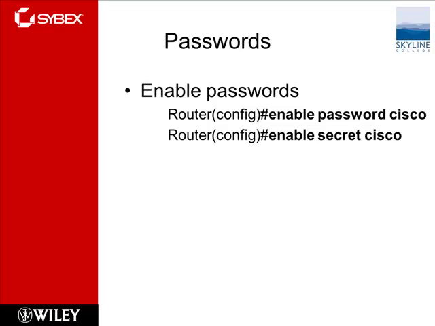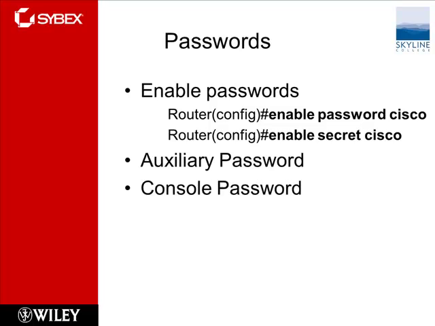Enable passwords: enable password Cisco, enable secret Cisco, and you're not supposed to be able to use the same ones. Auxiliary password, console password. The console password is one where you would have kind of a double protection here. One, physical access. Then if they got physical access, you have a password.